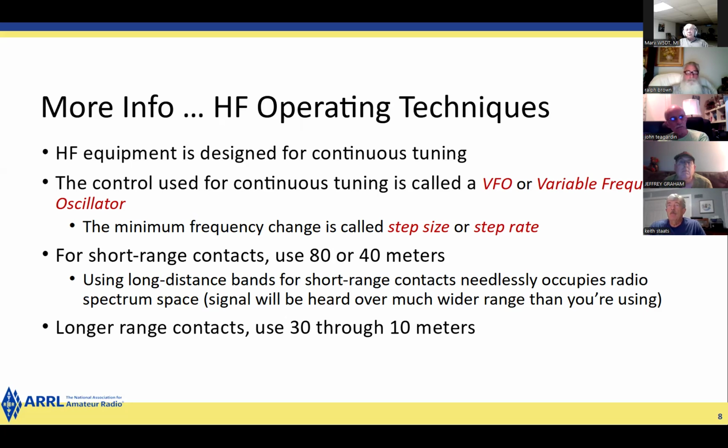Now, sometimes though, you'll get propagation on 10 meters, but again, a lot depends on who I'm calling or who I want to call. Let's say, for example, I want to have a sked with somebody in Florida.